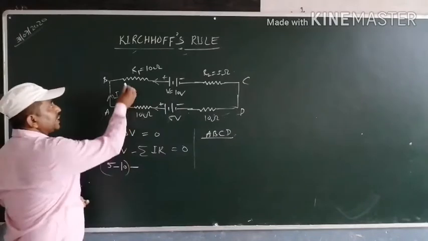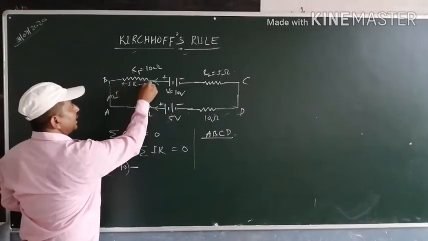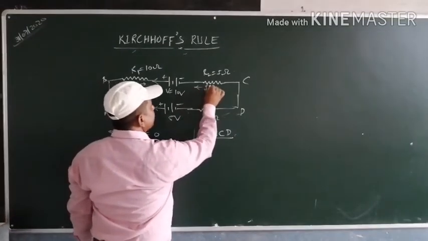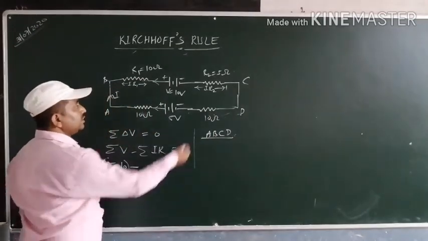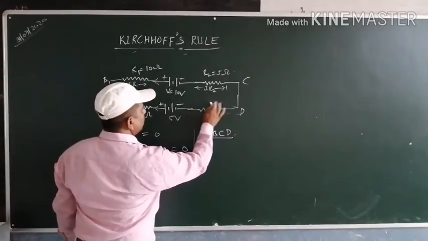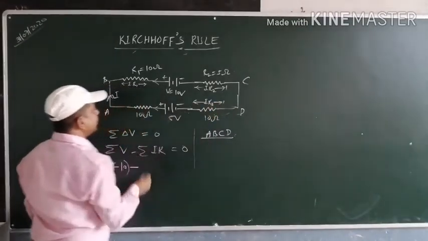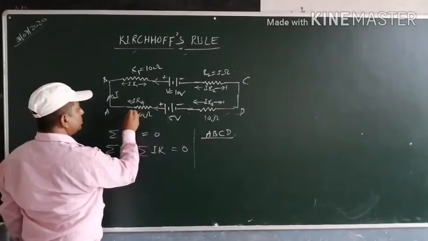So the current flowing through the first resistor can be taken as IR1 and it acts as a sink. This will be considered as IR2. This will also be considered as a sink. This will also be considered as a sink, and the potential drop across this resistor will be IR3. The potential drop across this resistor will be IR4.